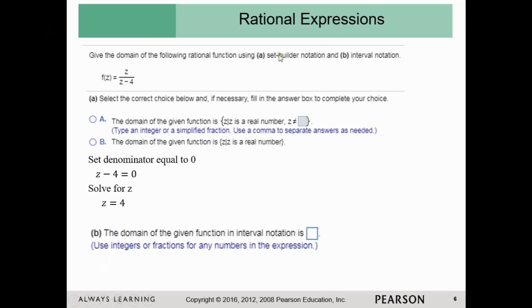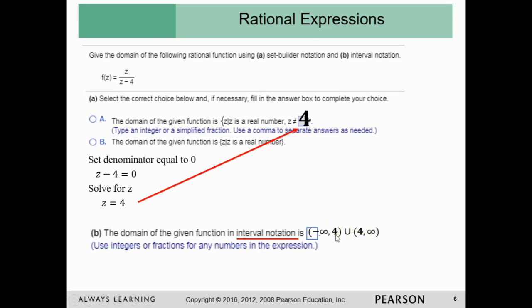Now A, remember, wants it in set builder notation, so it says here the domain of the given function is the set of all z's, where z is a real number, z not equal to 4. That is where we put the excluded value on this problem. And then B is asking for interval notation. The way that we write it in interval notation is negative infinity to the excluded value, union, excluded value to infinity.